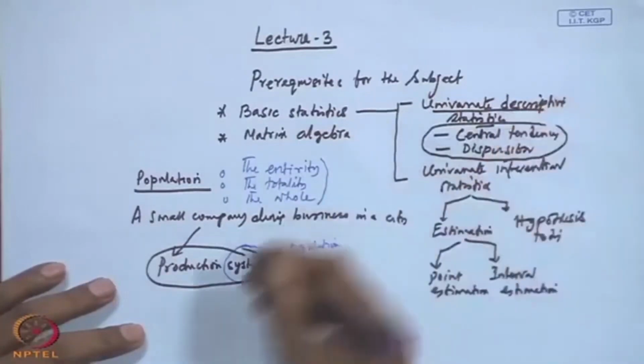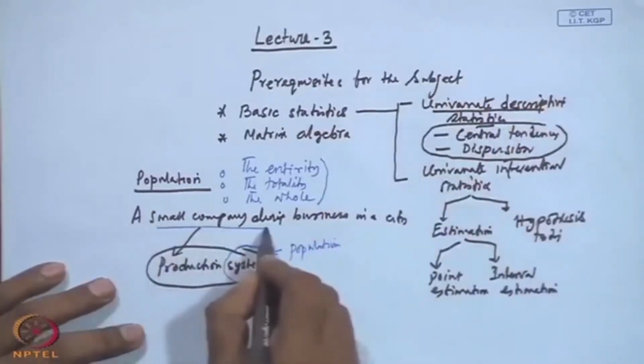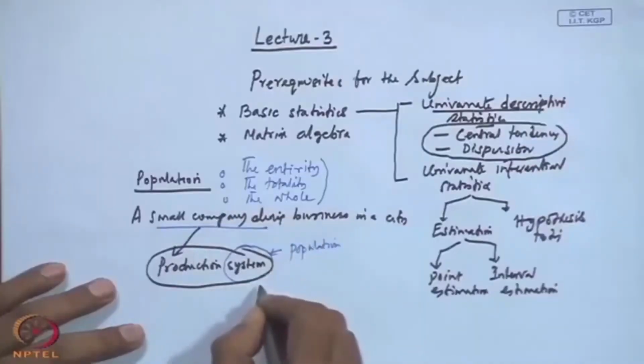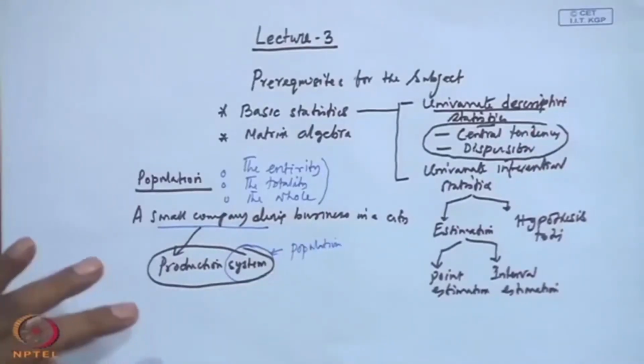For example, for this company there are profit, sales volume, absenteeism and so many other variables which we have discussed. So, these are basically the variables which characterize a population or a system. Another word could be for us, that is a process.